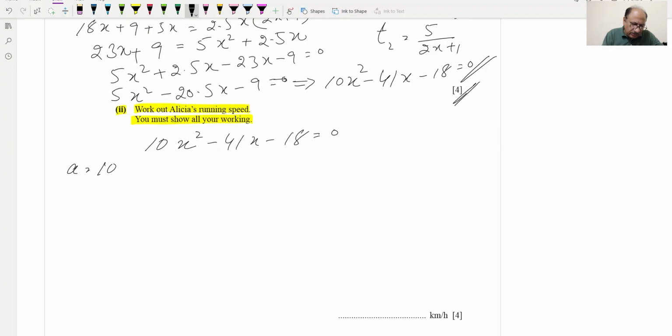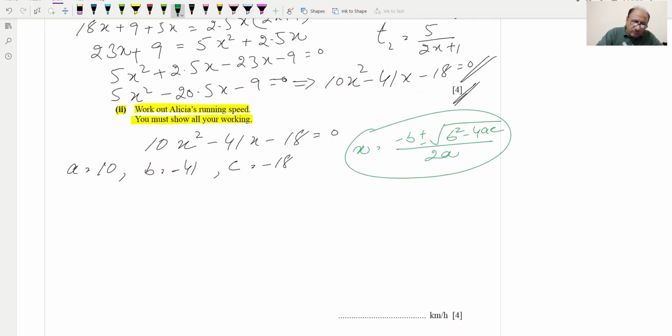A is 10, B is equal to minus 41, and C is equal to minus 18. So these are the ABC values, and x is equal to what? The formula is x equals minus b plus or minus square root of b squared minus 4ac, over 2a, the quadratic formula.